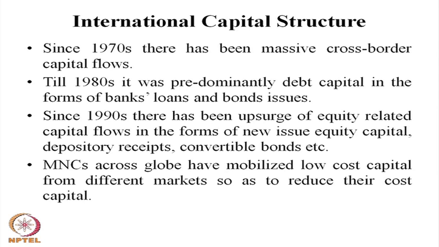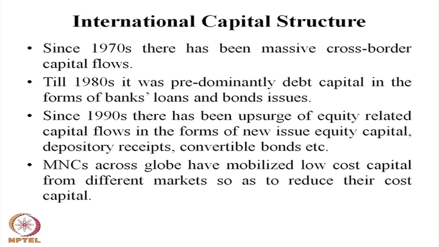So, after the 90s it was equity finance, in the form of an international source of capital, predominantly managed by many MNCs. And this change of capital structure from primarily domestic oriented debt to international oriented debt, and domestic equity to international equity, changed the entire capital structure of the company, and this creates a different kind of capital asset pricing model which cannot be handled through the domestic capital asset pricing model.